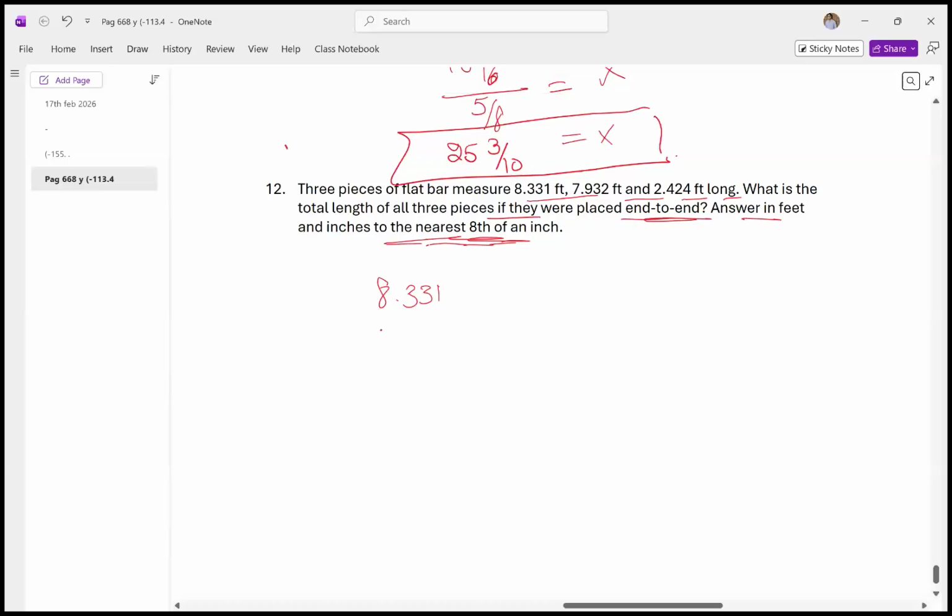So this is the value plus 7.932 and then 2.424. If I add these numbers, that's going to come out to be 18.687. So this is the number you're going to get.